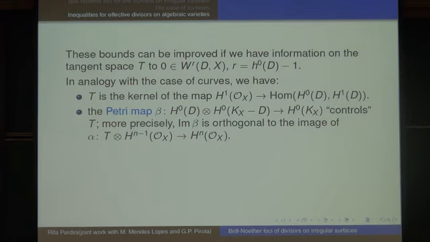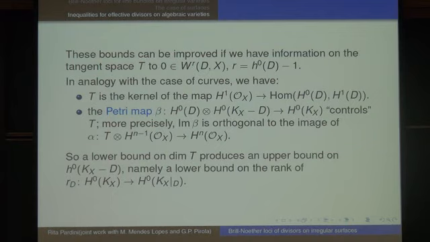But in some sense, the Petri map still controls the geometry of the Brill-Noether loci. In fact, you see the image of the Petri map is orthogonal to the image of this subspace. So if T is big, you expect that the image will be big, and so the tangent space will be small, and conversely, of course.